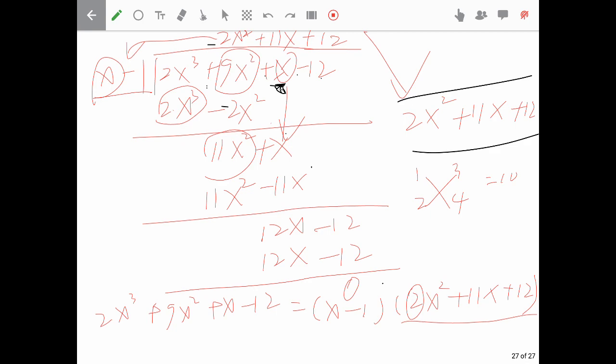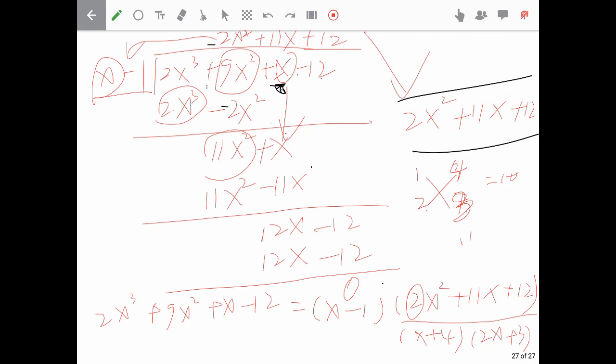So we will try another way. We swap 4 here, 3 here. That should work, because 2 times 4 plus 3 is 11, right? So that equals x plus 4 times 2x plus 3. That's the fully factorized form. Make sense?